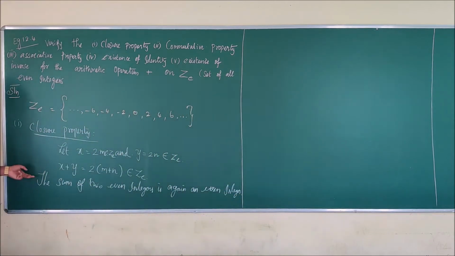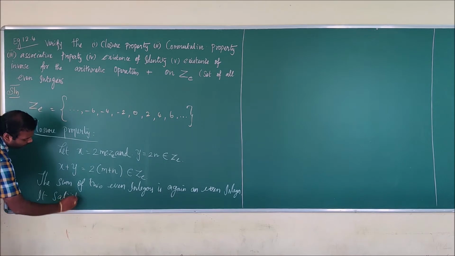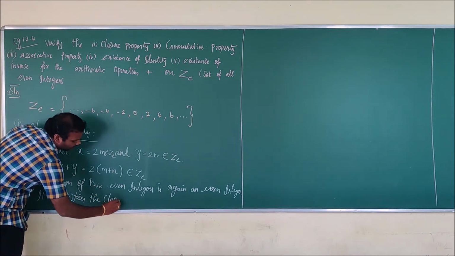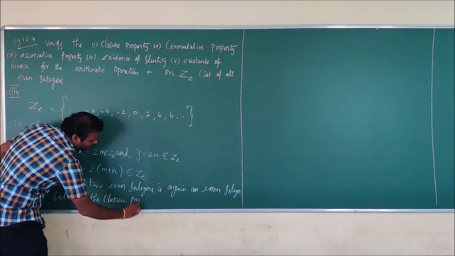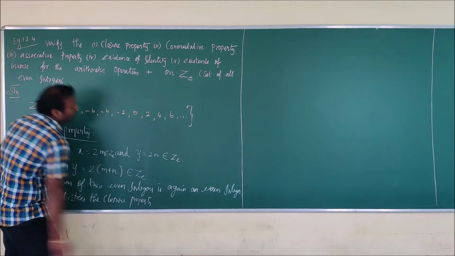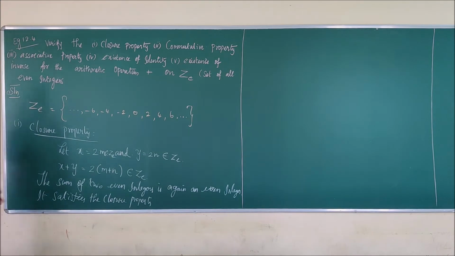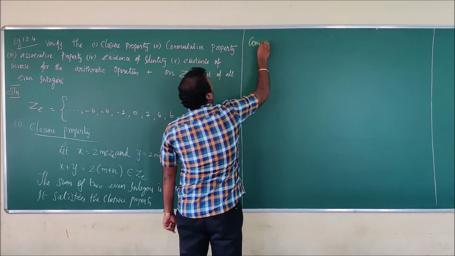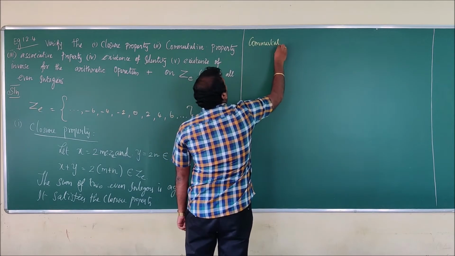So we are confirming that it satisfies the closure property. So we are going for the next property. What is the next property? Commutative property. So next we are going to see the commutative property.